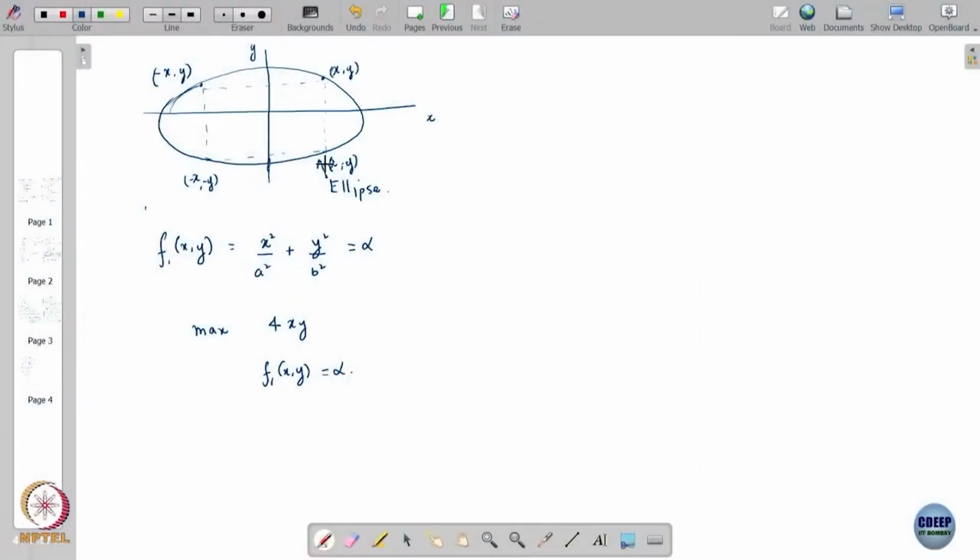You have to maximize this only over those points that are on the locus of this function f1 of x comma y equal to alpha. So now if you look at the set of points that form this ellipse, this is actually a closed set. This is not an open set, and therefore it becomes a problem that is not in the previous category.